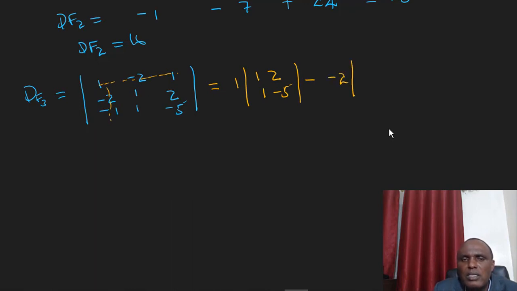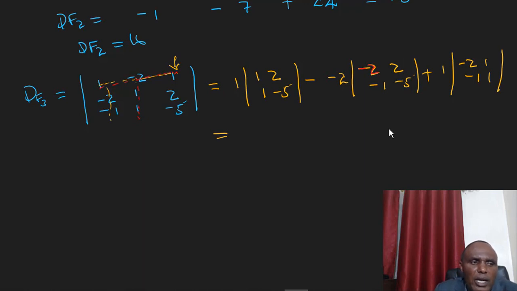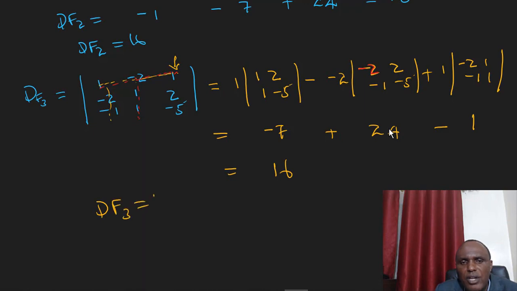You multiply by the determinant of this matrix. The next one is 1 multiplied by that determinant, and df3 becomes negative 7, plus the whole of this one here becomes 24, and the whole of this one becomes minus 1. df3 is equal to 16.